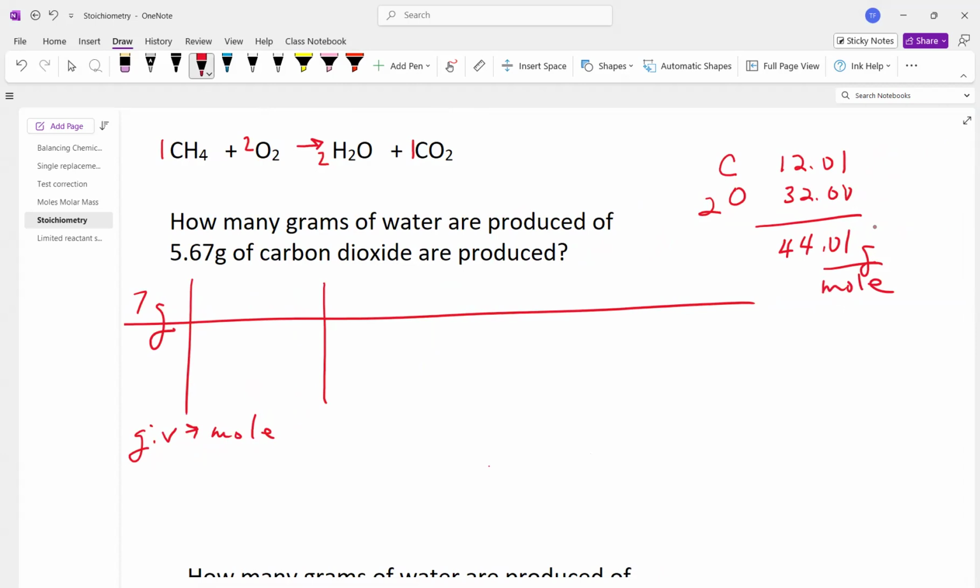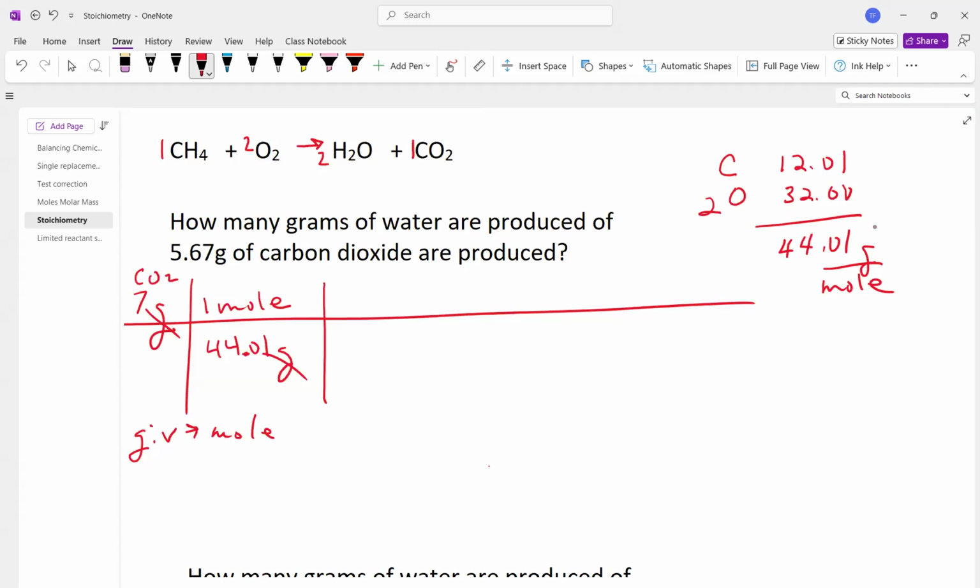So the grams have got to cancel. Okay, now we're in moles of carbon dioxide. Now, the next step is getting moles of carbon dioxide to moles of water.